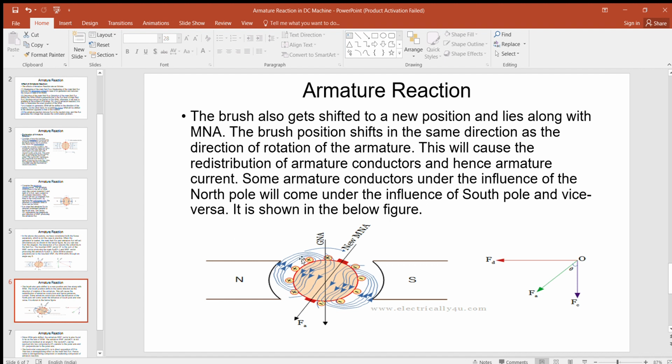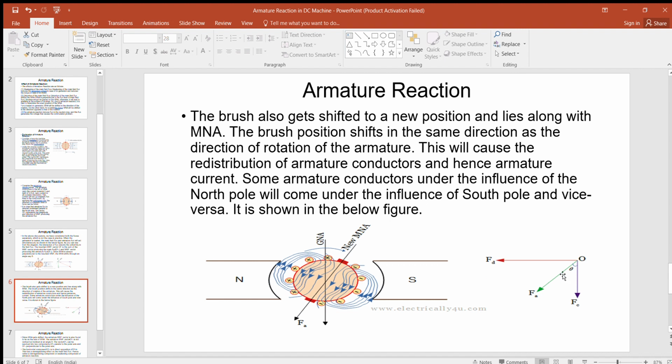Here the new magnetic neutral axis is shifted. So some armature conductors which were in the influence of the north pole will come in the influence of the south pole, and some armature conductors which were in the influence of the south pole now come in the influence of the north pole.